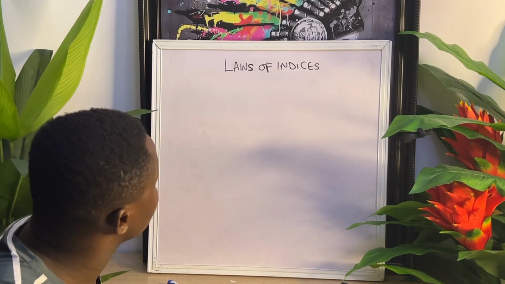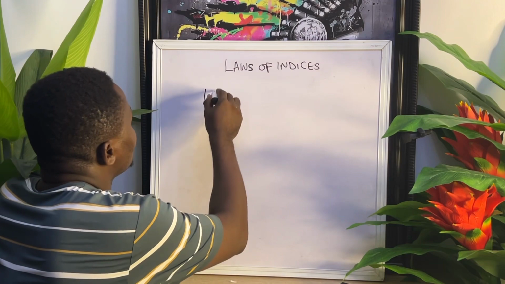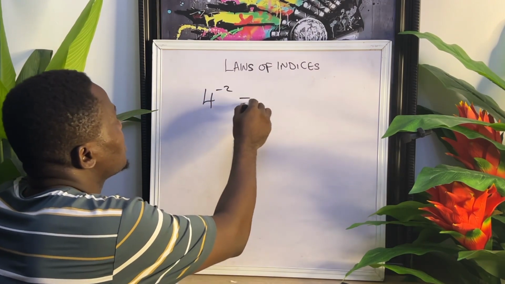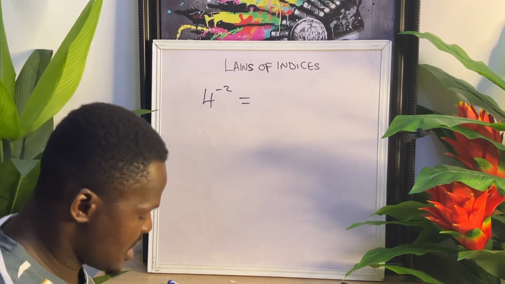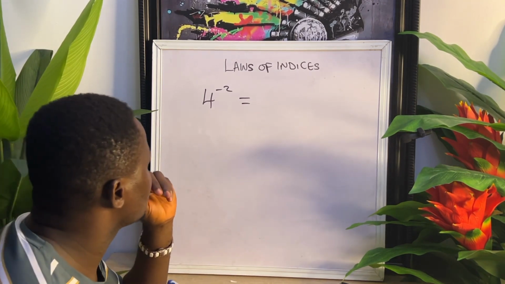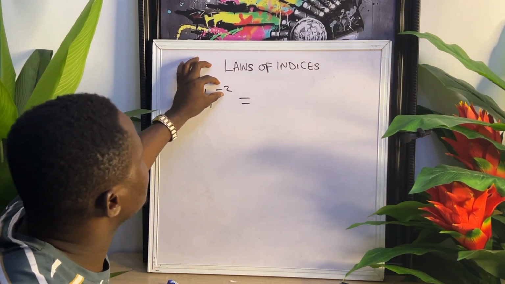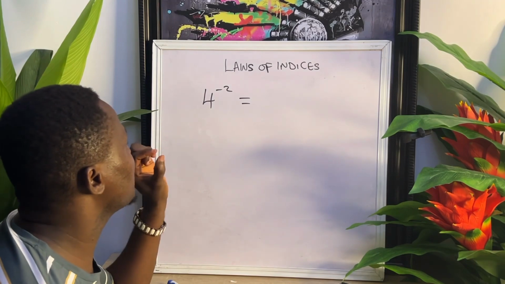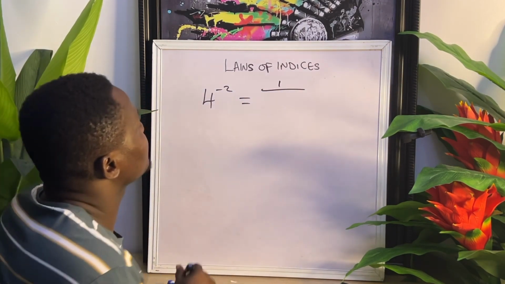However, this very question, 4 raised to power minus 2, can still be solved by not ignoring the minus ab initio, but using the minus to solve. If we were to use this minus, the minus automatically becomes 1 all over.